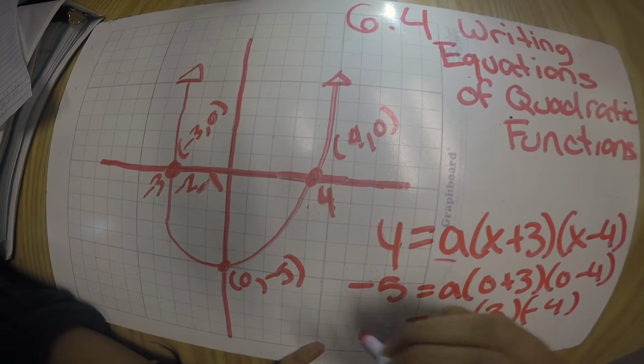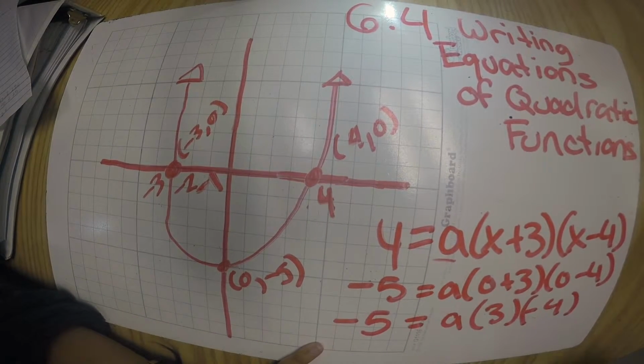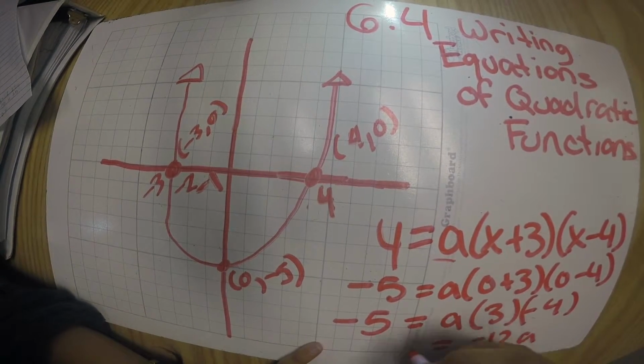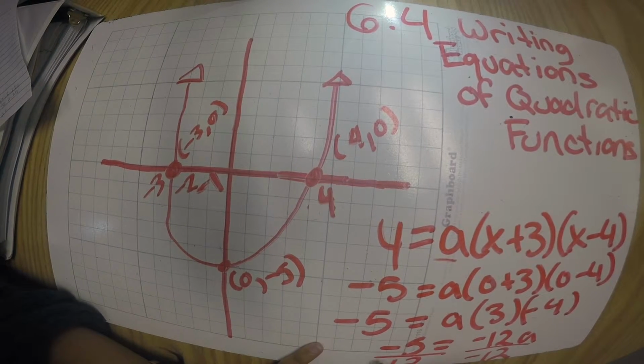Keep your a, so -5. And then 3 times -4 is -12a. And then you bring down your -5. Then after that, you divide by -12.